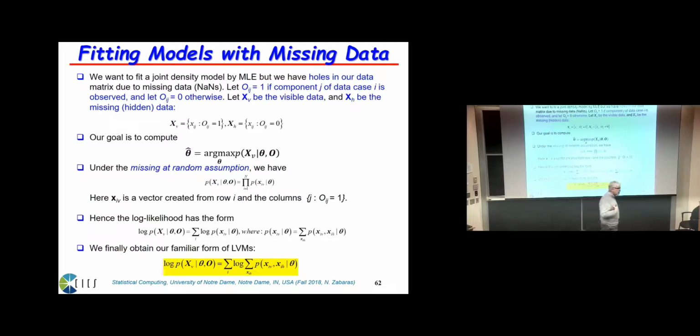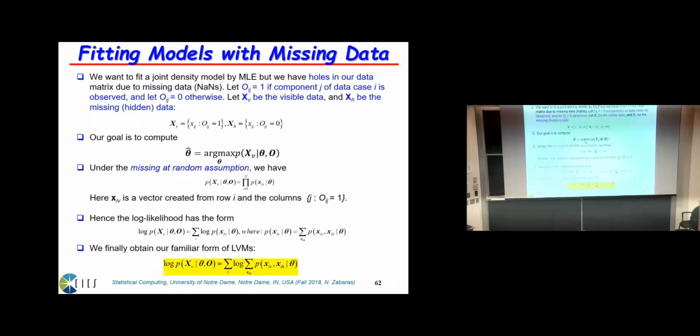I think I had done this problem somewhere, where if you have realizations from a Gaussian but a lot of the components are missing, hidden, I told you how to calculate the mean and the covariance and also the posterior of these missing parameters. Now I want to do this with an EM algorithm, just to highlight how you can do imputation and fit models when we have missing data.